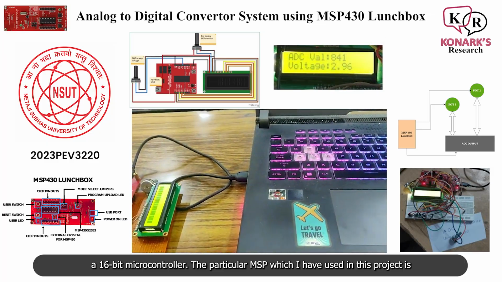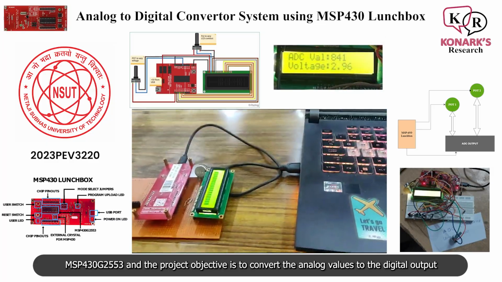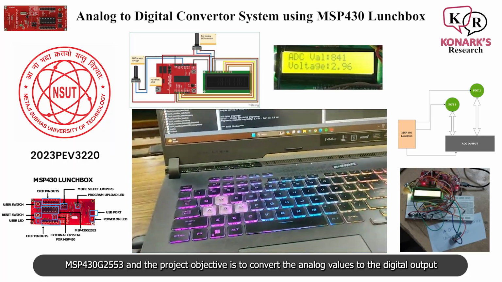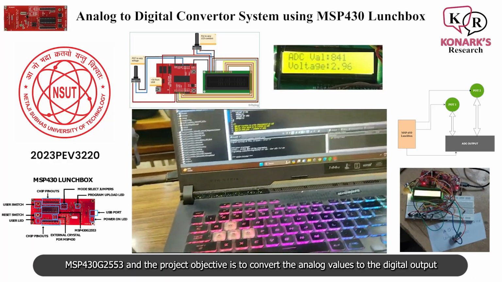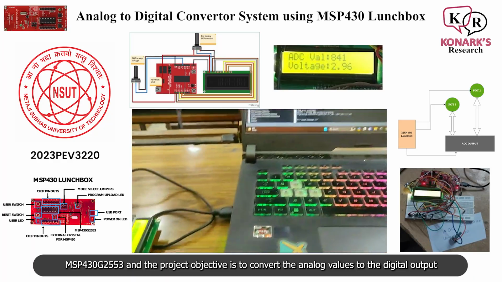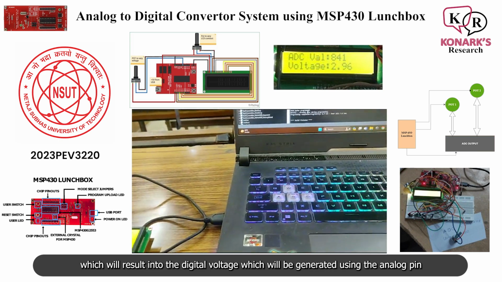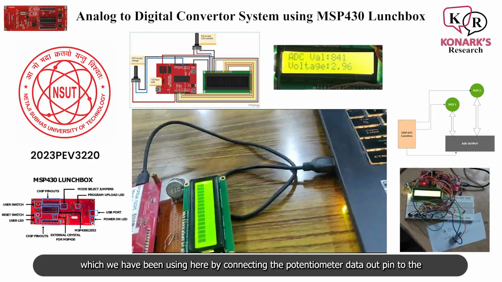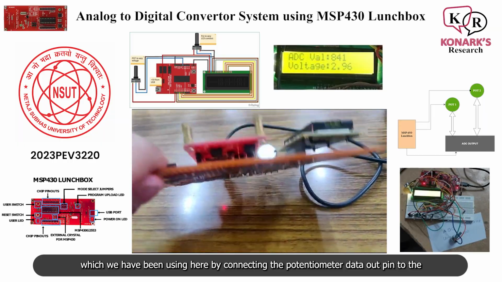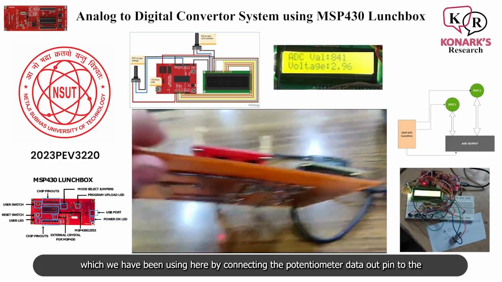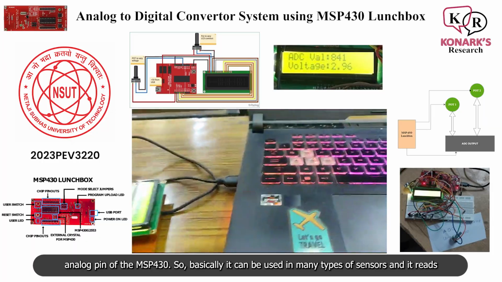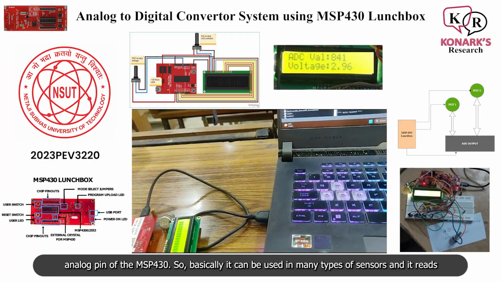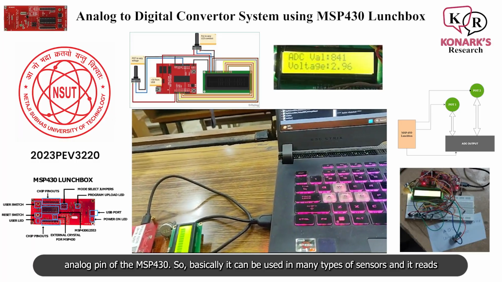The particular MSP which I have used in this project is MSP430 G2553, and the project objective is to convert the analog values to the digital output, which will result in the digital voltage, generated using the analog pin by connecting the potentiometer data out pin to the analog pin of the MSP430. So it can be used in many kinds of sensors.